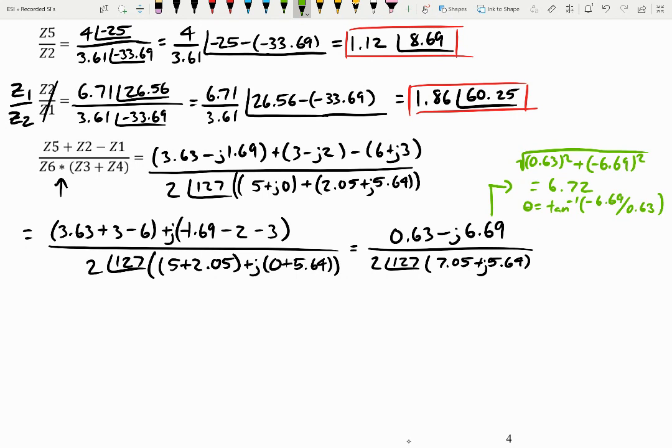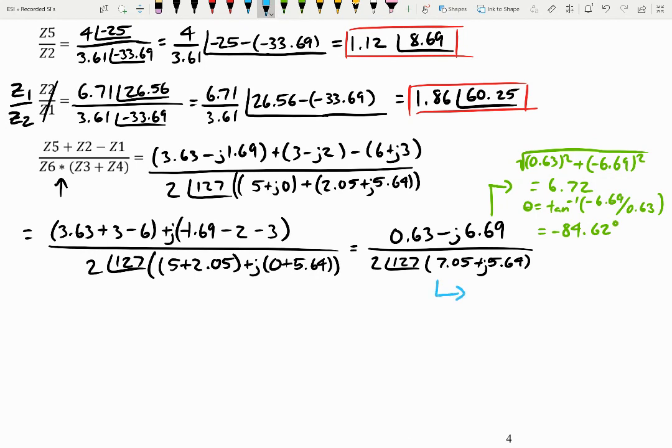Okay, and that turns out to be negative 84.62 degrees.